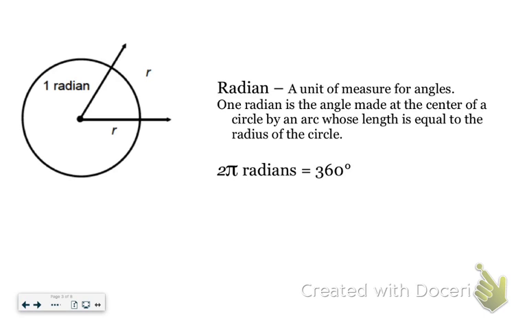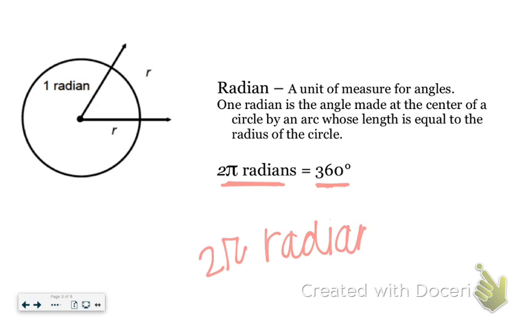If you think back to yesterday, when we were talking about the unit circle, the full circle is 360 degrees. So that's 1 full rotation. So 2 pi radians is equal to 360 degrees. We can use that ratio to convert between radians and degrees. So 2 pi radians is 1 full rotation.